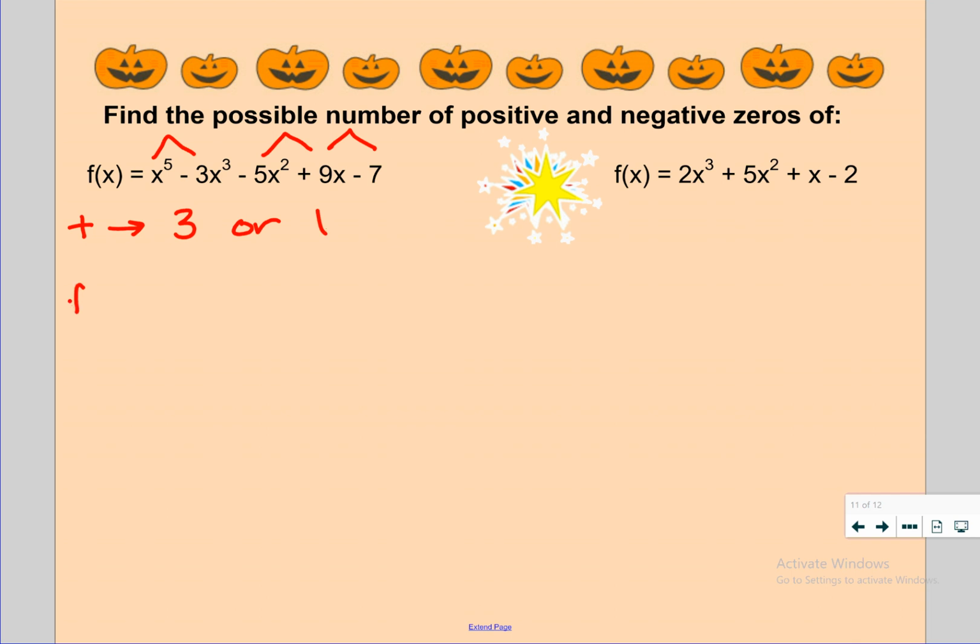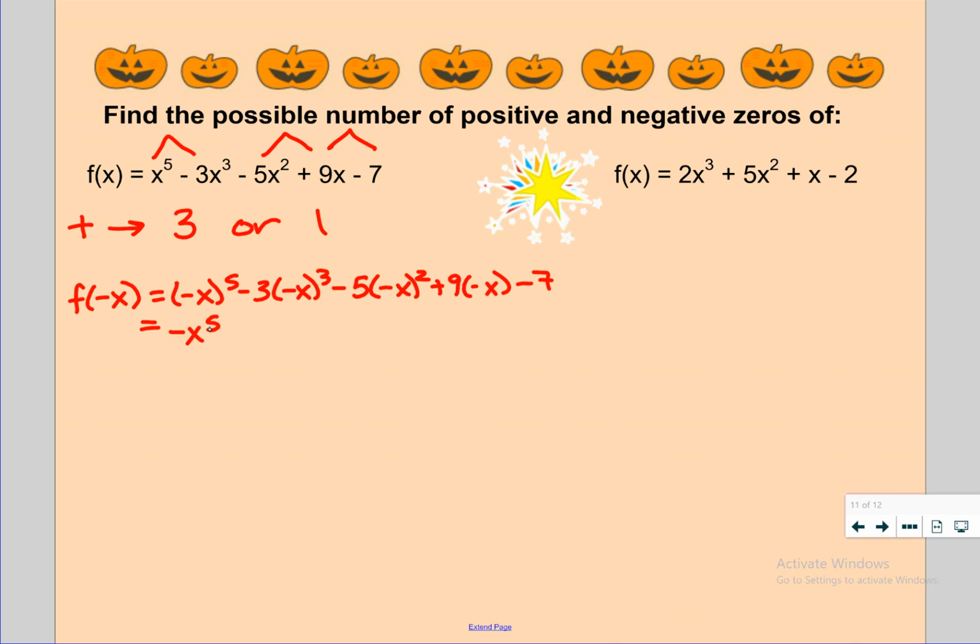All right, then before we do the negative zeros, we need to evaluate f of negative x. So this is where we plug negative x into the function for all the x's. Make sure you put it in parentheses. And we simplify. Will the first term be positive or negative? Negative.